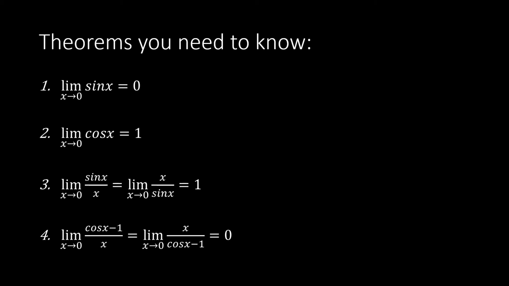For example, if I have sine 2x, then it must be divided by 2x for this to be 1. If it's not 2x there, you must make it 2x, but you will see when we do questions from the past papers. Okay, let's get started.